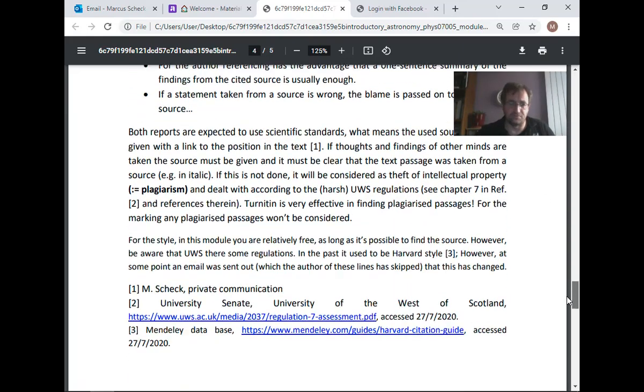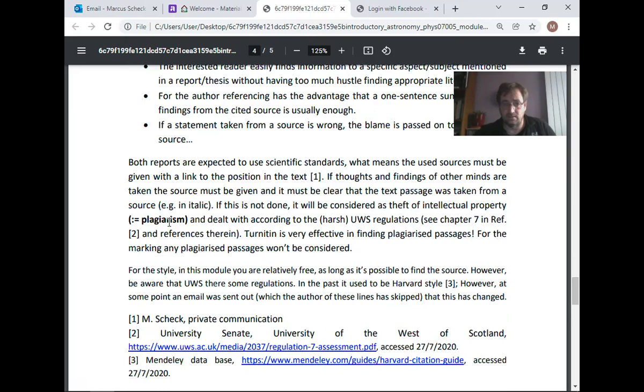Referencing, very important. And please keep in mind, Turnitin is very effective in finding plagiarism. If you overdo it over a certain limit, which I don't tell you, we have a flag for the students.